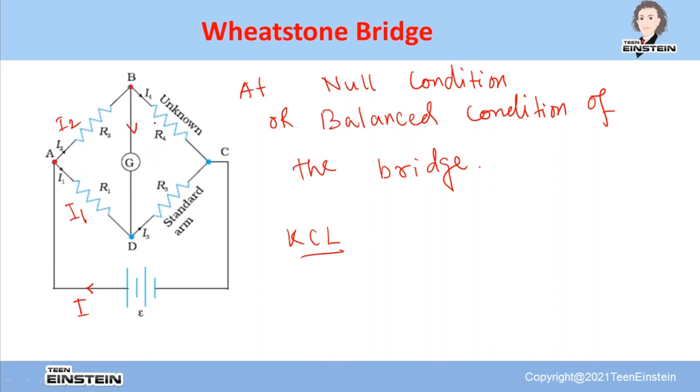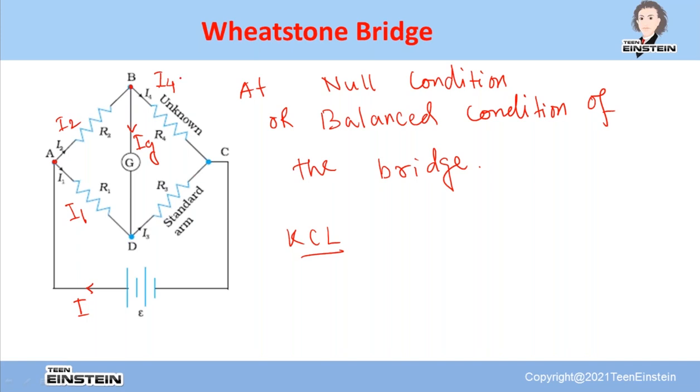So it gets divided into two parts. I2 goes up to point B. Then there are two paths, one through the galvanometer and another through the unknown resistor, resistor 4.